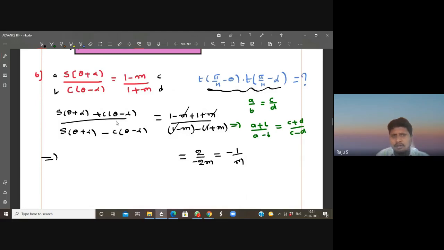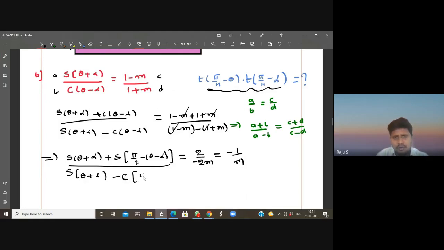Okay, students. Right. I want to write sine of theta plus alpha plus sine of pi by 2 minus theta minus alpha, divided by sine of theta plus alpha minus sine of theta minus alpha.